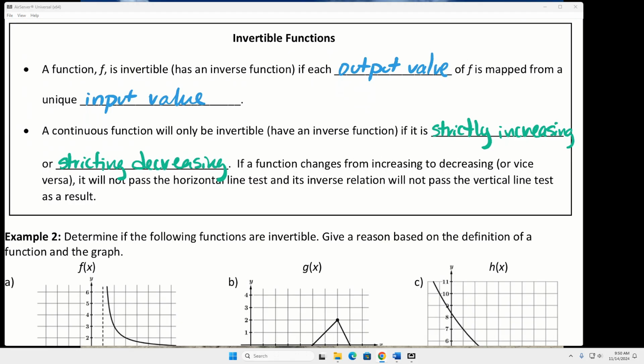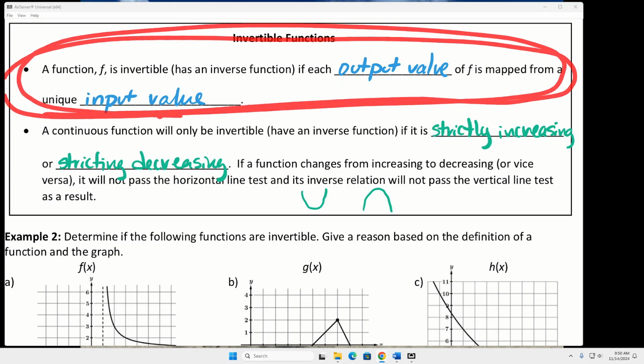Anytime a function changes from decreasing to increasing, or increasing to decreasing, it's not going to pass the horizontal line test, which means it's not invertible. Now, when we're given reasons for a function to not be invertible, you cannot use the horizontal line test as your reason. You can use it in your brain, but you can't write it. When you're writing a reason, it has to go back to the definition of a function and the definition of an invertible function.